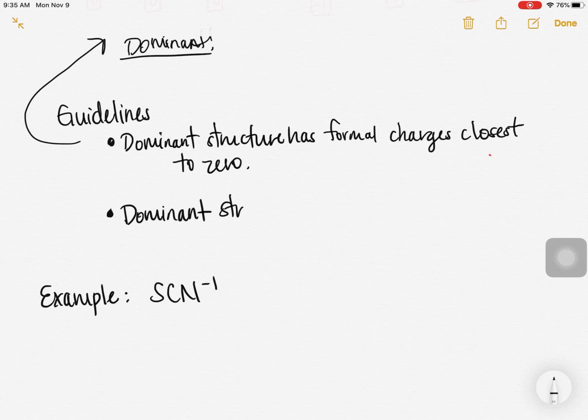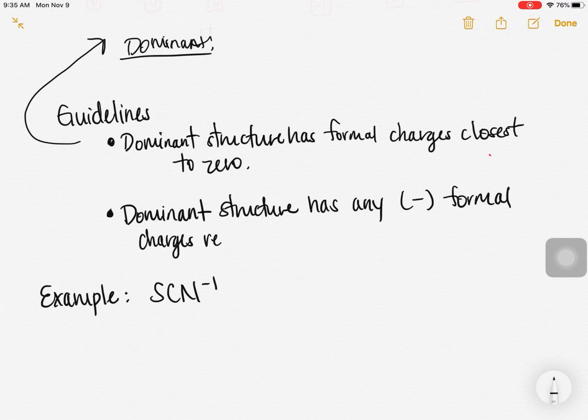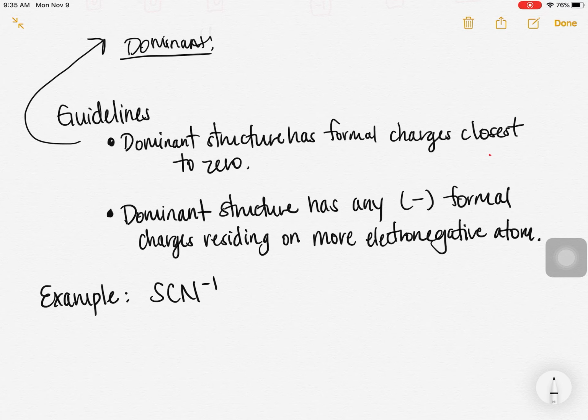But the second rule says that the dominant structure will have any negative formal charges residing on the more electronegative atom. Okay, and this is actually going to come into play sometimes.